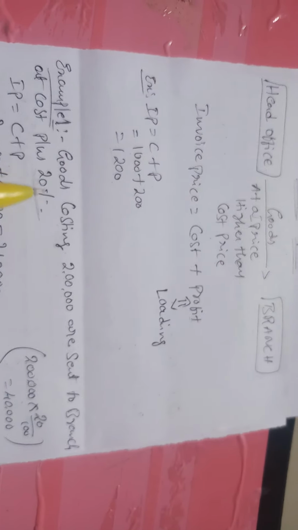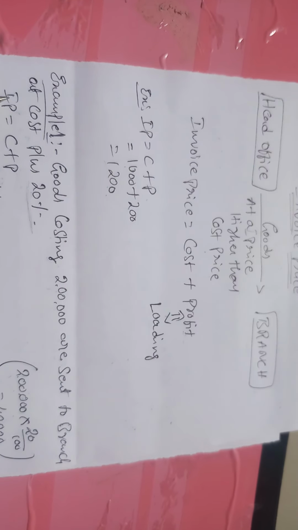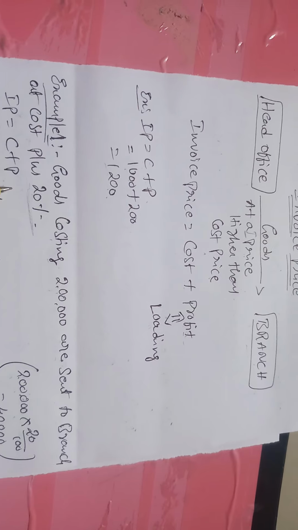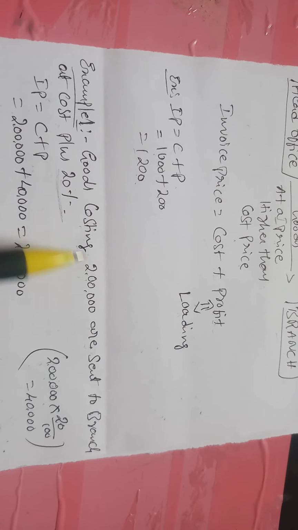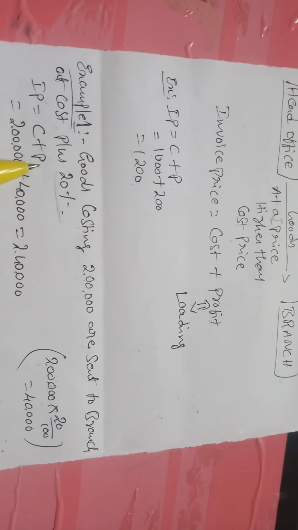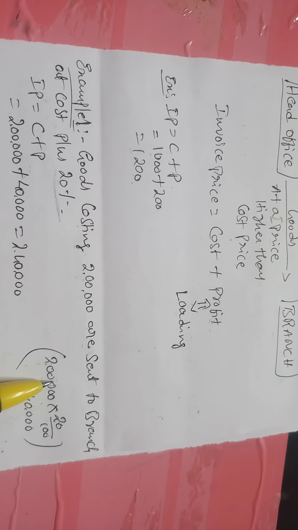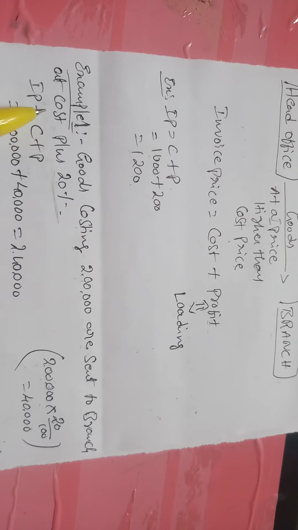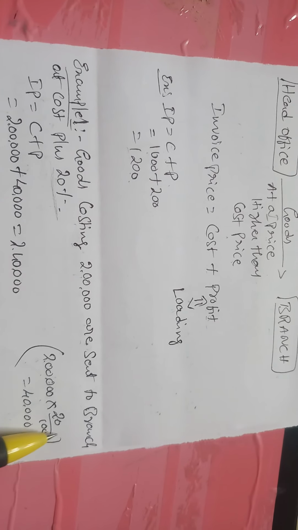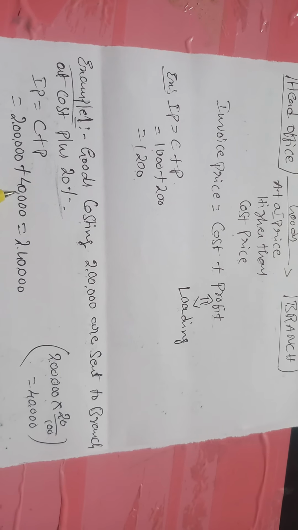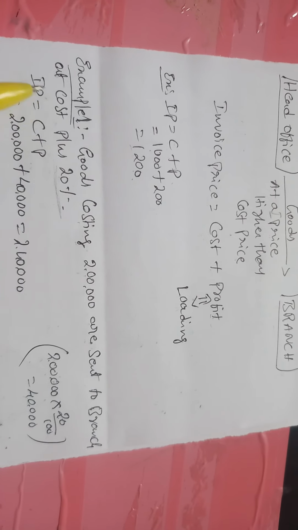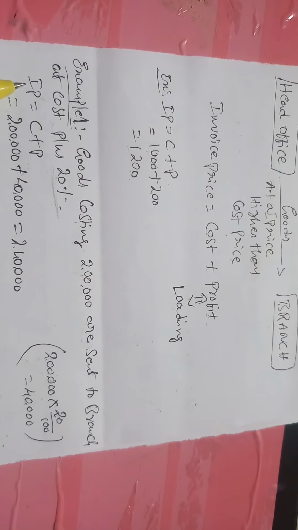You already know that invoice price is equal to cost plus profit. This is our formula. Cost is already given, 2 lakh, and we have to calculate the profit. So 2 lakh into 20% divided by 100 gives 40,000. So profit is 40,000. Total 2,40,000 is the invoice price in this example.